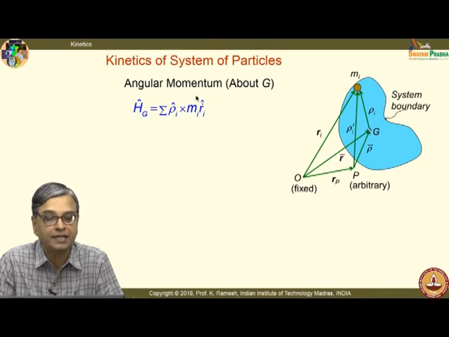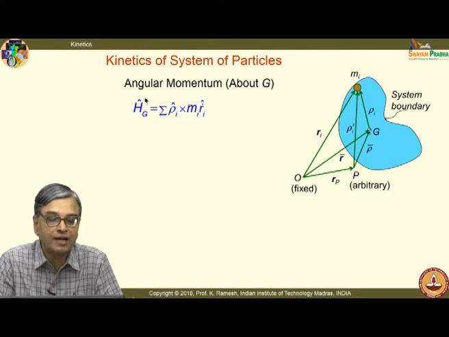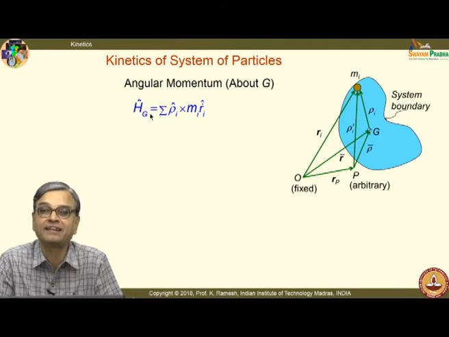So, look at here, this does not change, this is again m into v, but the vector which I use now is rho I, instead of r I. How can I express this relationship? Fine. You have to understand this as a definition. We would also develop another symbolism. Here I have said angular momentum about G. I can also have angular momentum Hg rel. When I replace this velocity by rho I dot, I will call that as Hg rel.